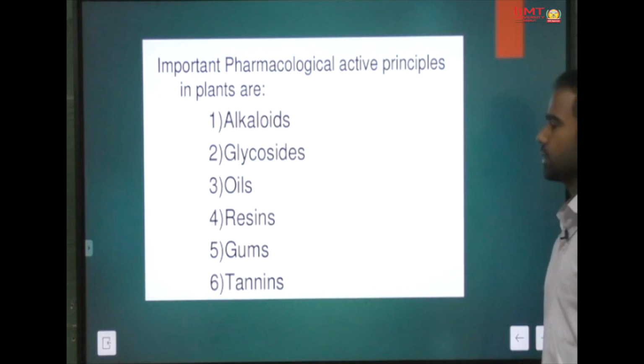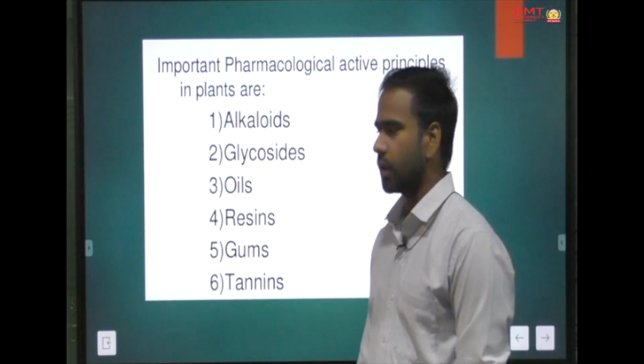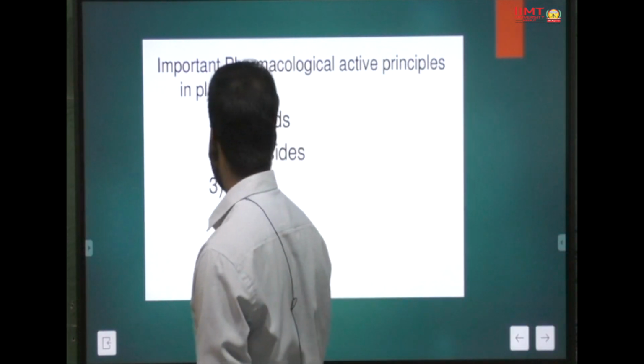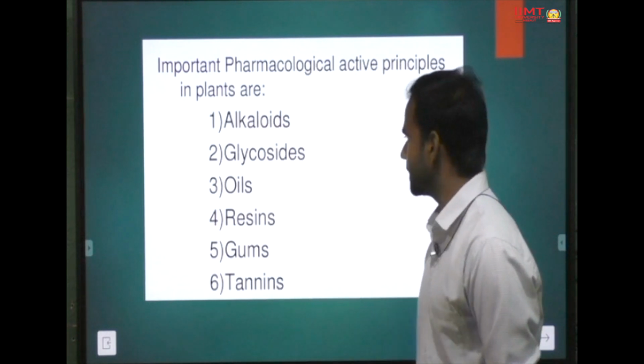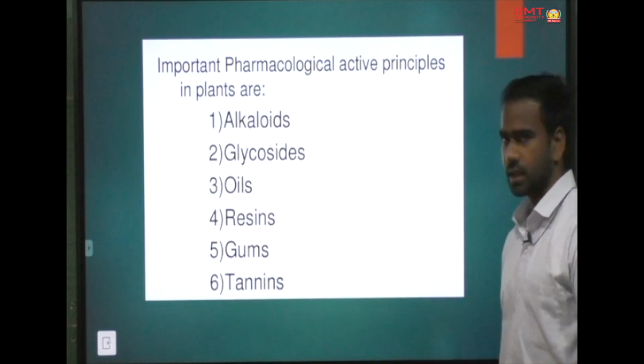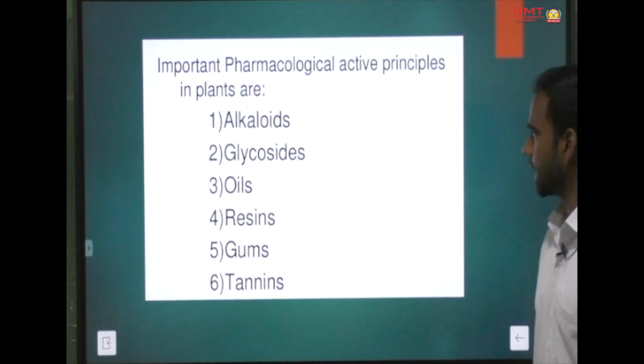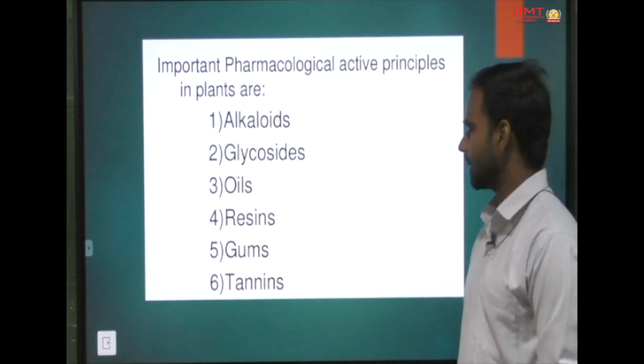If we talk about the different phytochemical classes of plant-derived drug resources, the major ones are alkaloids, glycosides, oils, resins, gums, and tannins.